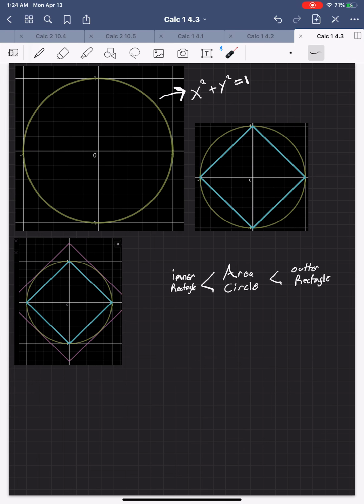It's hard for me to draw this with a stylus, but what if instead of using a four-sided shape, you would have used a five-sided pentagon or a hexagon or an octagon, or in other words, what if you just kept increasing? Let n be the number of sides. Right now, n was equal to 4, and we have a lot of error. What if you kept increasing the number of sides?